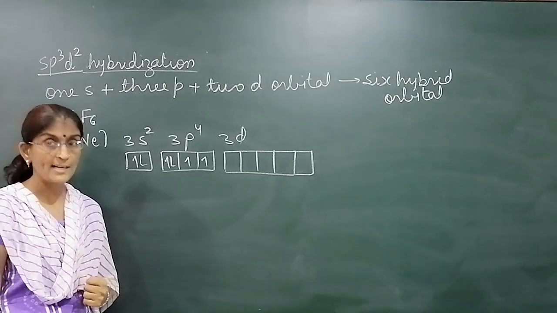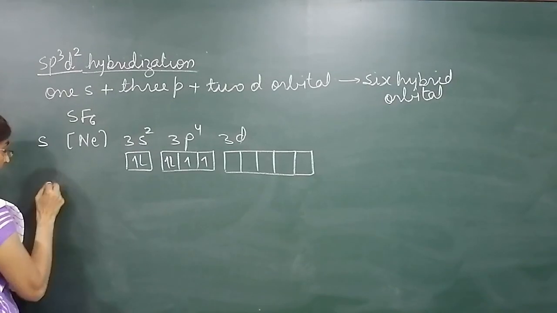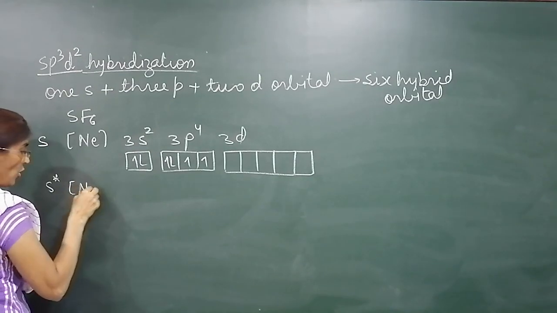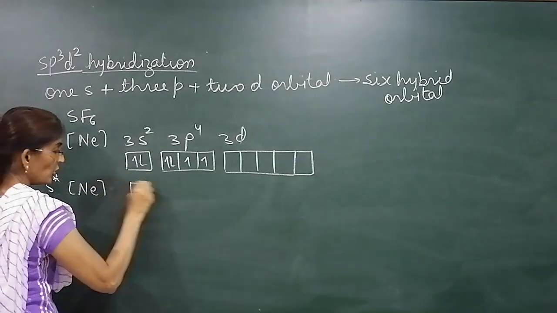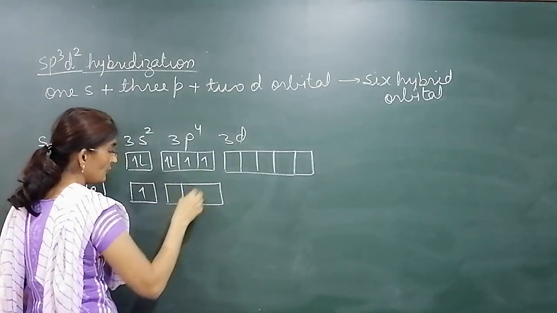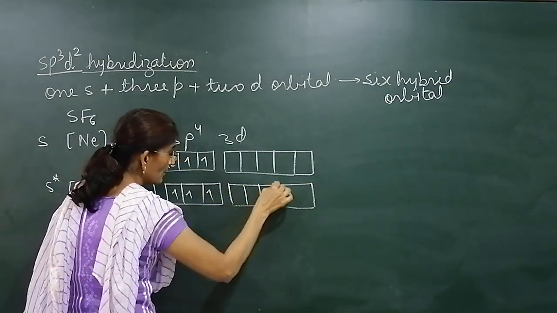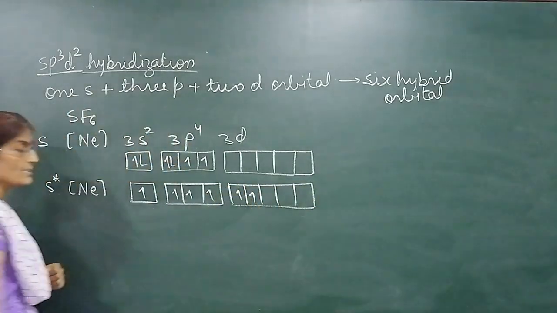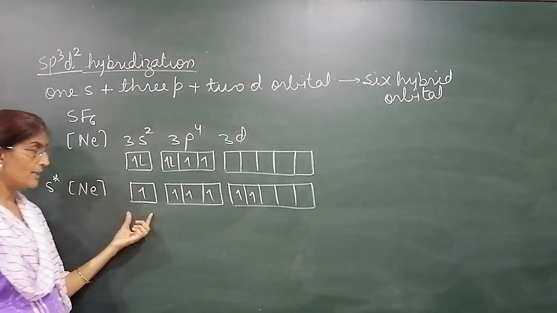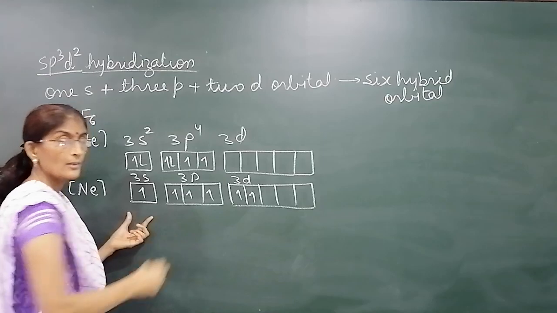Electrons will get excited in order to make 6 unpaired electrons. In the excited state, one electron from 3s will jump to 3d, and one electron of 3p can also jump to 3d, to make a total of 6 unpaired electrons: 1 in 3s, 3 in 3p, 2 in 3d.